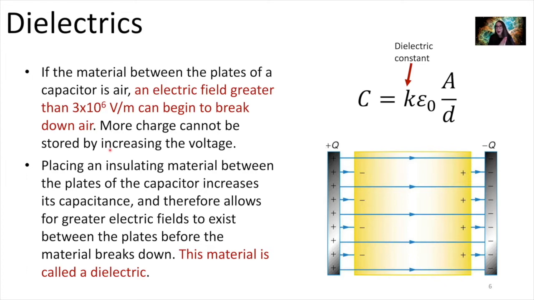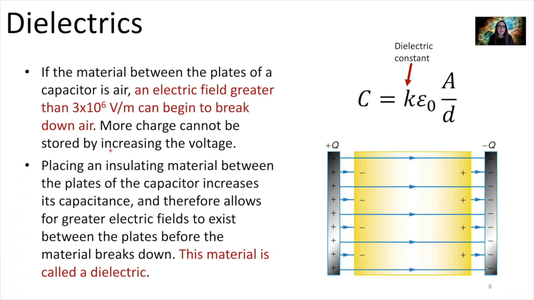So we saw that the capacitance is equal to Q over V. So the more voltage you add, the more charge you should be able to store on the capacitor, but there's a limit to what you can do with a capacitor that just has parallel plates and air in between. So what you can do is insert something between those plates called a dielectric.